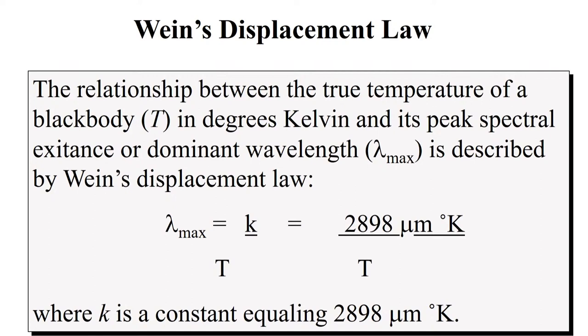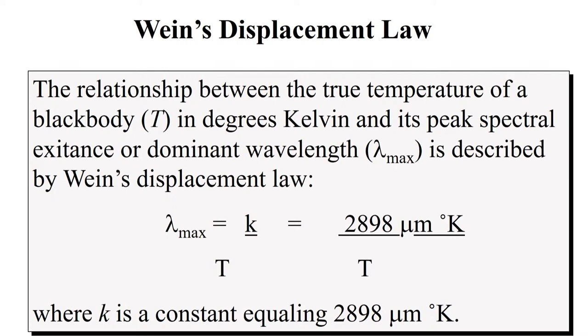The relationship between the true temperature of a black body in degree Kelvin and its peak spectral exitance, or dominant wavelength, is described by Wien's displacement law. So dominant wavelength, represented by lambda max, is equal to k divided by T, where k is a constant, and this is equal to 2898 micrometer degree Kelvin.